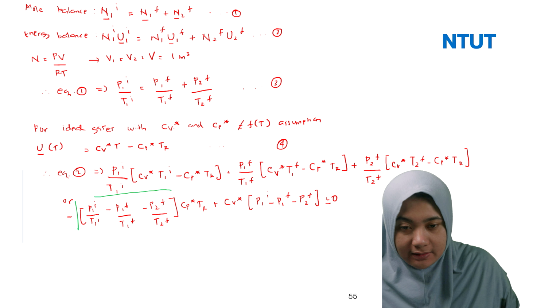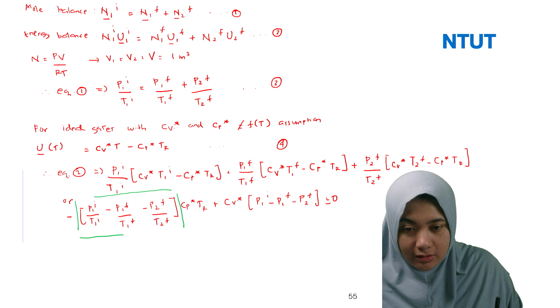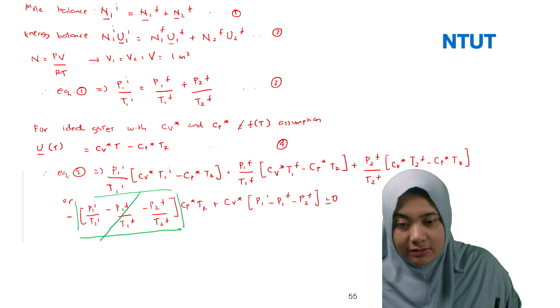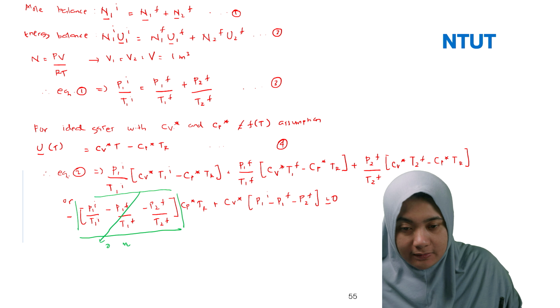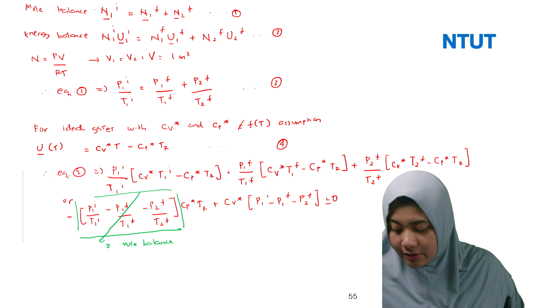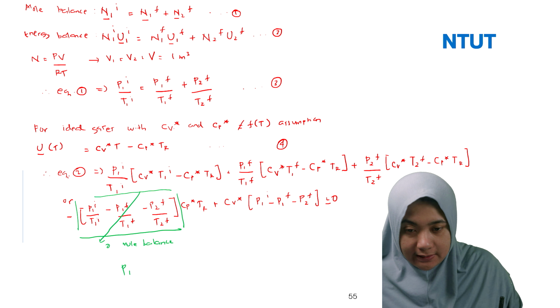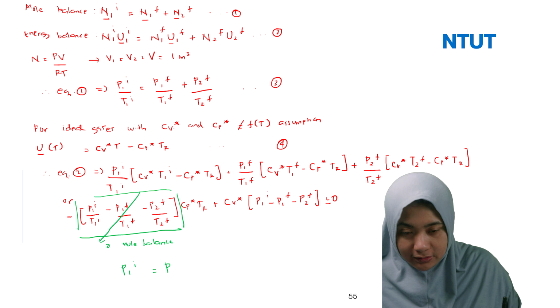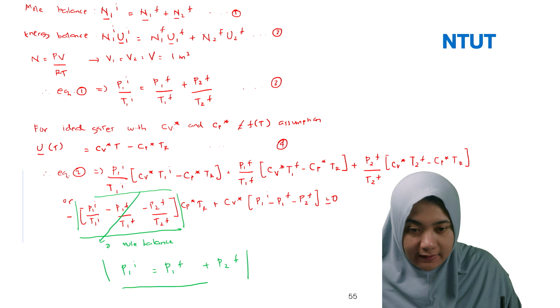This all is the mole balance, so this is equal to 0. So you only have P1 initial equal to P1 final plus P2 final. So this one is equation 5.